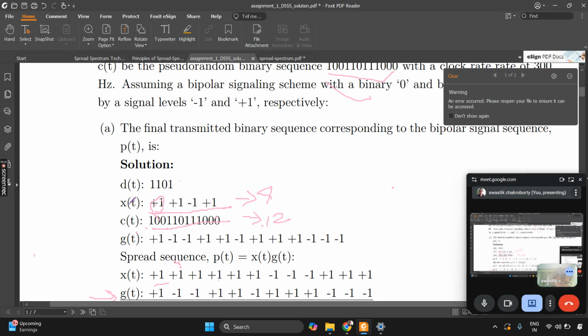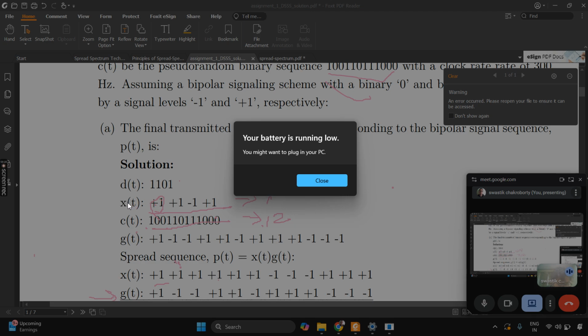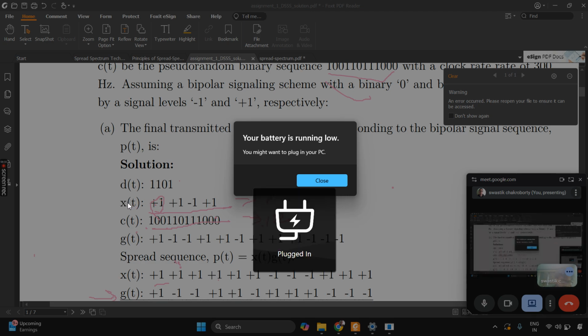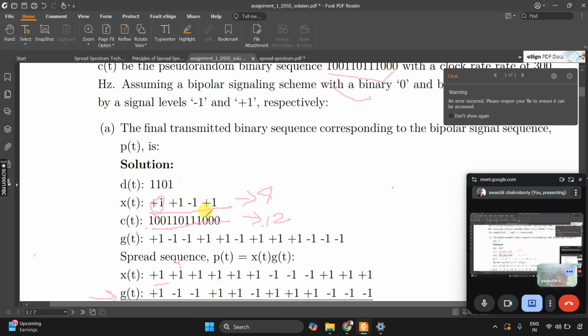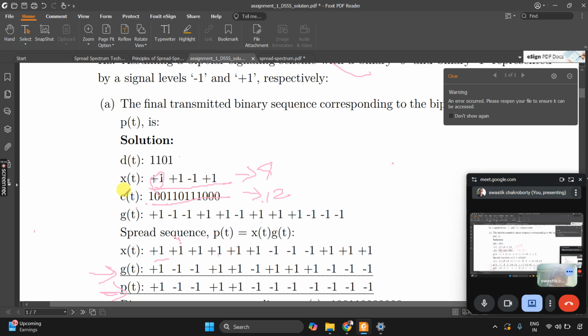Now the main part here is the spread spectrum. So the spread sequence is obtained by spreading xt. You have to spread xt because we have to take a dot product, right?